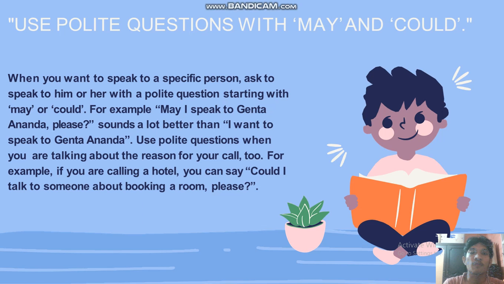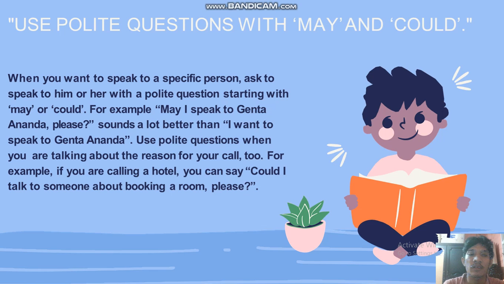Next, use polite questions with may and could. When you want to speak to a specific person, ask to speak to him or her with a polite question starting with may or could. For example, "May I speak to Genta Ananda, please?"